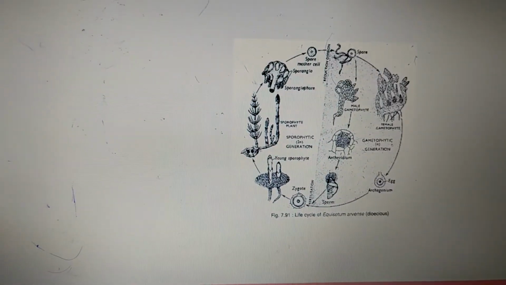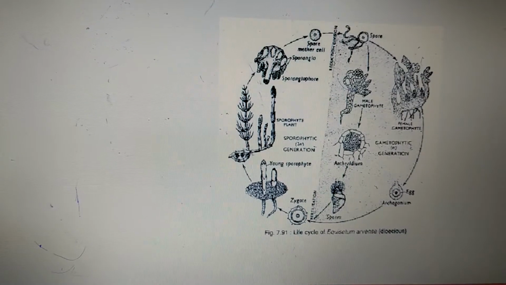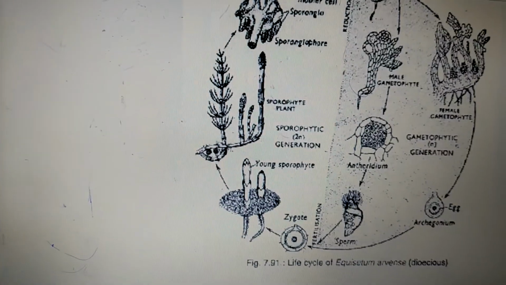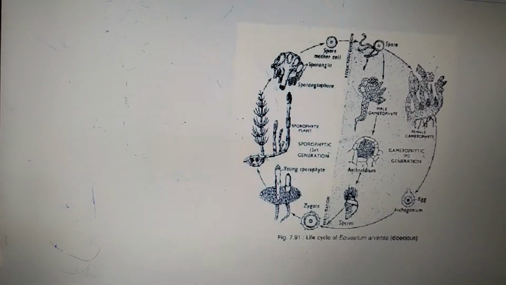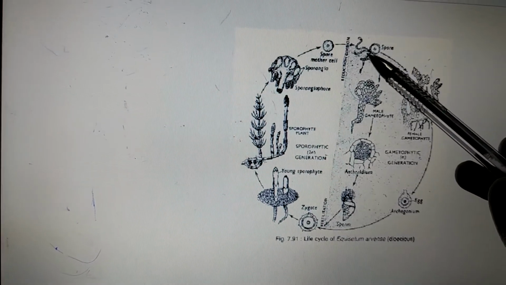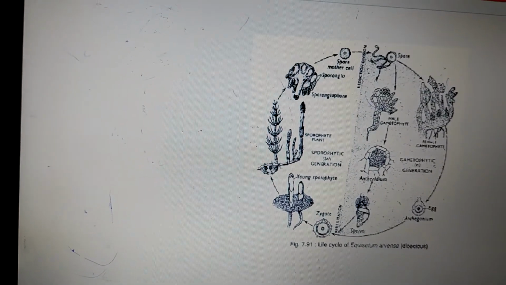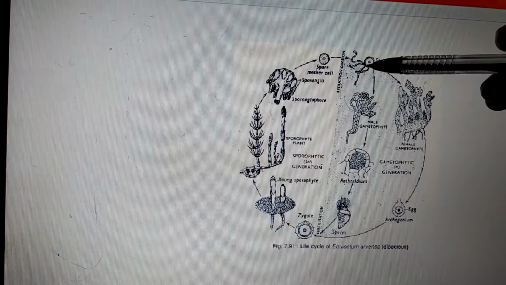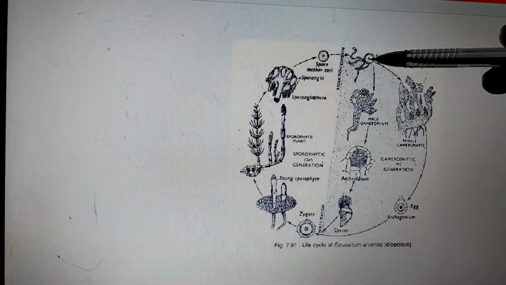This is the picture of the life cycle of Equisetum, where we can see the spore attached to four ribbon-shaped structures which we call elaters, which are responsible for the dispersal of the spores.